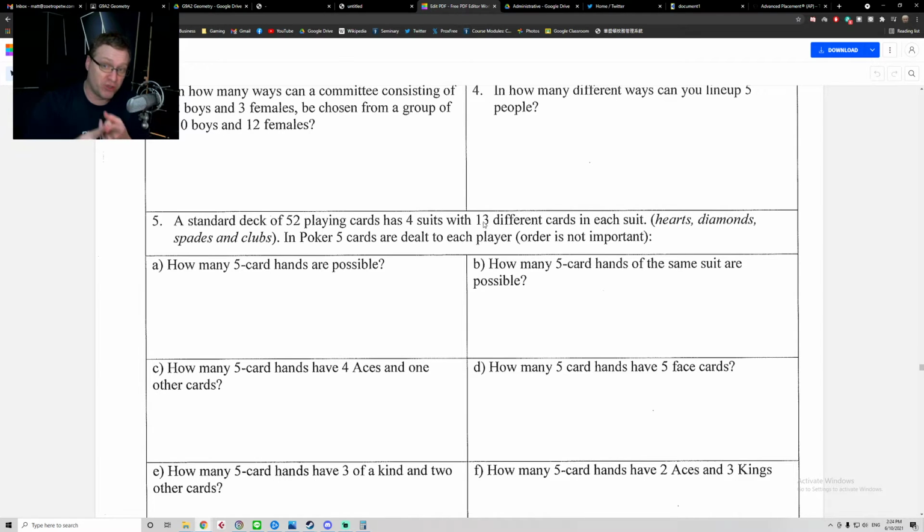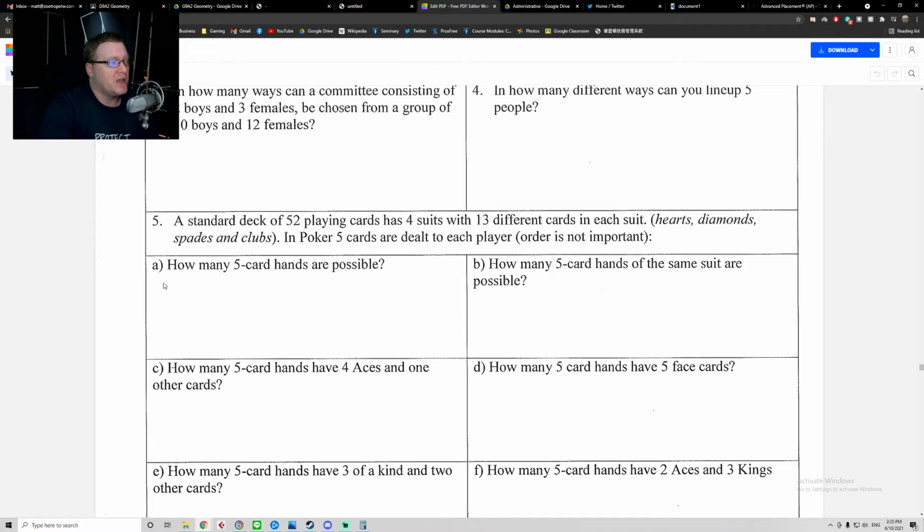Well, there's a 2, 3, 4, 5, 6, 7, 8, 9, 10. And then there's the jack, queen, king, and the ace. So that's 13. That's how a deck of cards is made. It's got 13 of each card, 4 different suits. So 4 times 13 is 52. So there's 52 total cards.